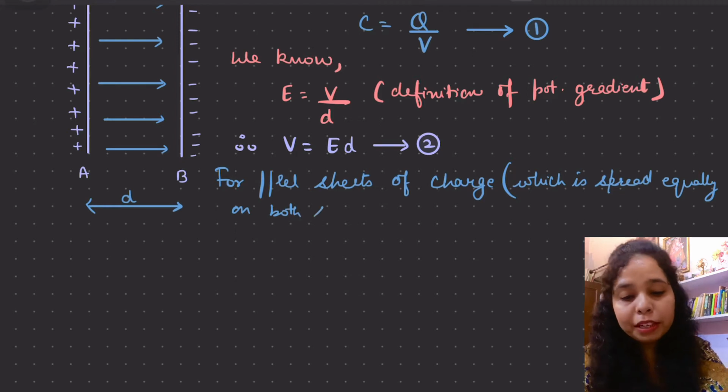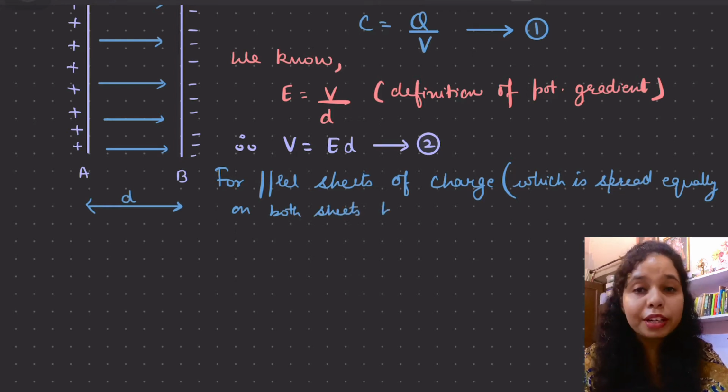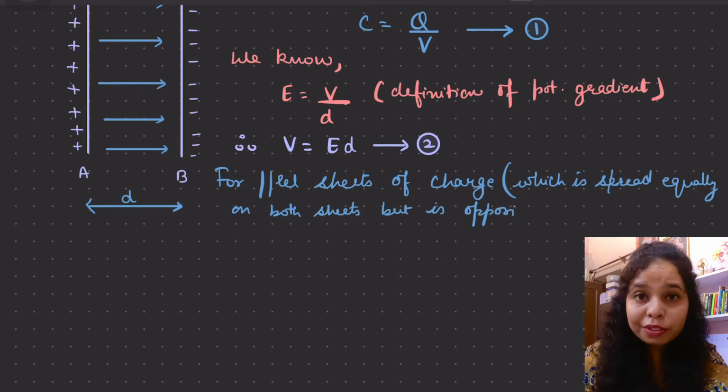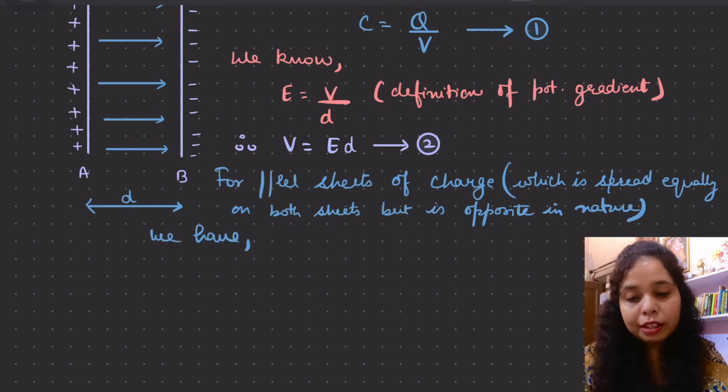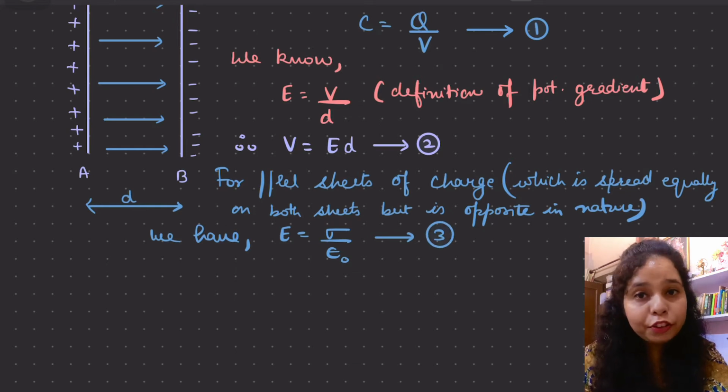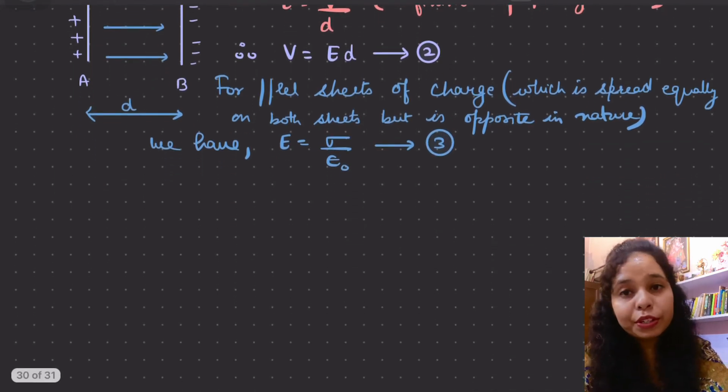The charge is spread equally on both sheets but is opposite in nature. Therefore, E is equal to sigma upon epsilon naught is the electric field intensity existing between the parallel sheets of charge. So this is our equation number 3.